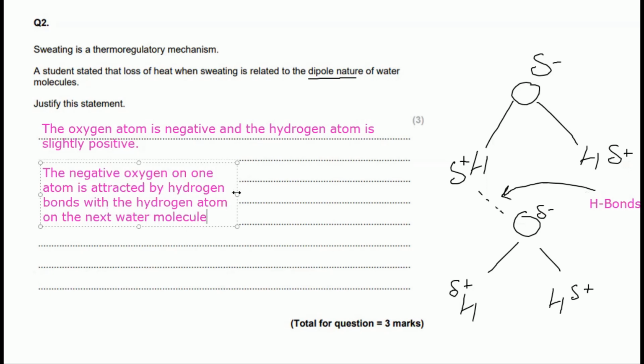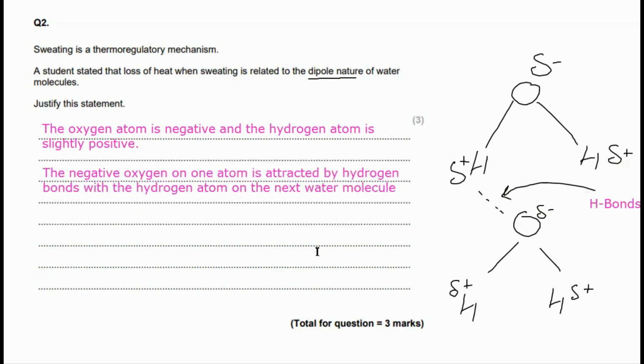Okay, so good to say adjacent or neighboring. Basically, you need to make it clear that the positive hydrogen forms a hydrogen bond with a negative oxygen from a different water molecule. You don't want to imply they're on the same water molecule, because these bonds between the atoms on the same water molecule are known as covalent bonds. So we really want to show the examiner we understand that a negative oxygen on one water molecule is attracted to a positive hydrogen on an opposite water molecule, and this forms a hydrogen bond.